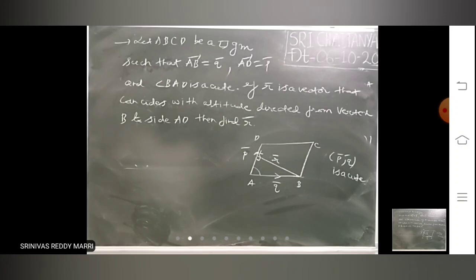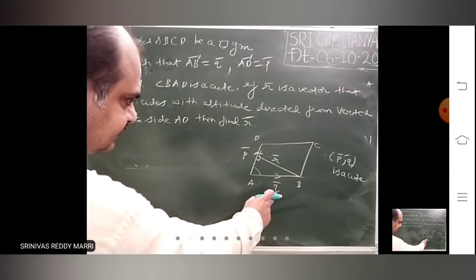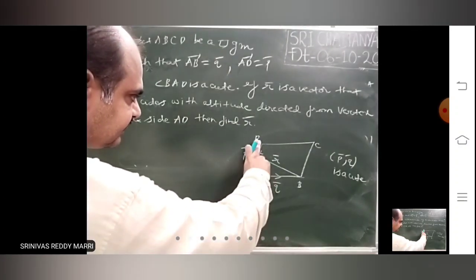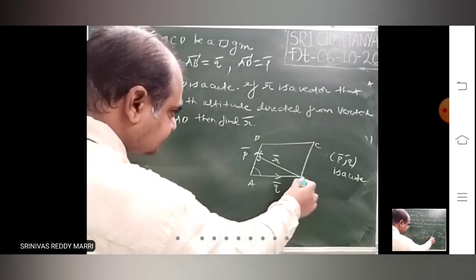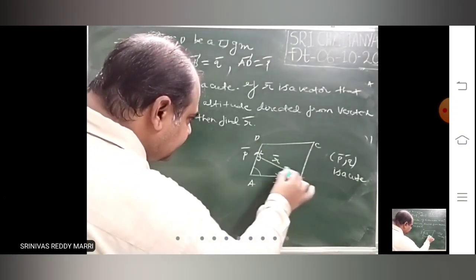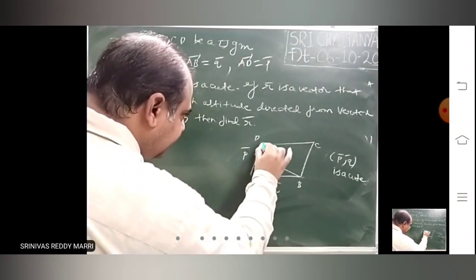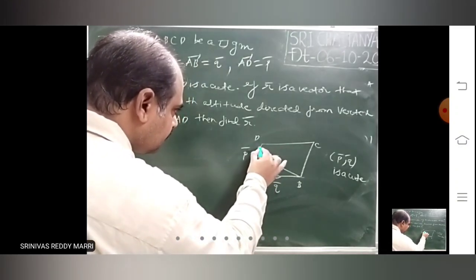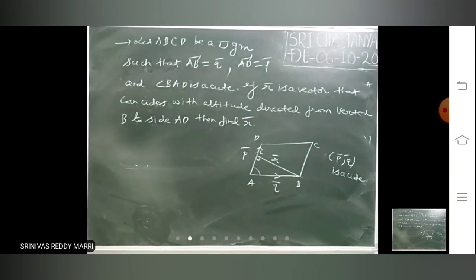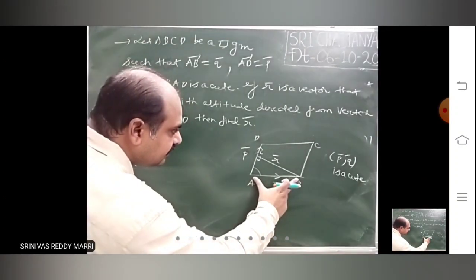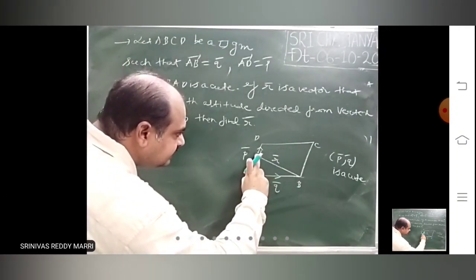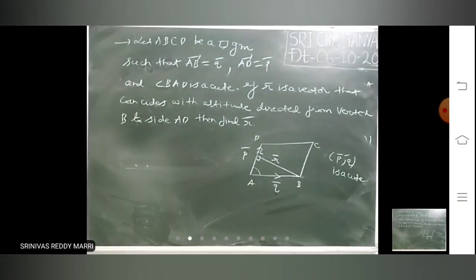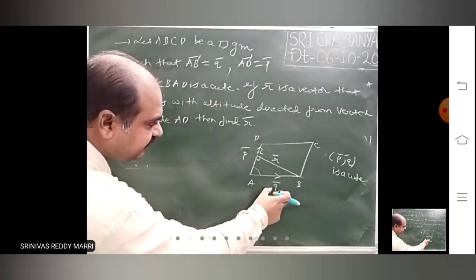Now look, this Q bar is there, and this P bar is there. Look at two vectors: this Q bar, and this P bar, which means AD bar. AD bar is P bar. Now this AL length is nothing but the projection of Q bar.